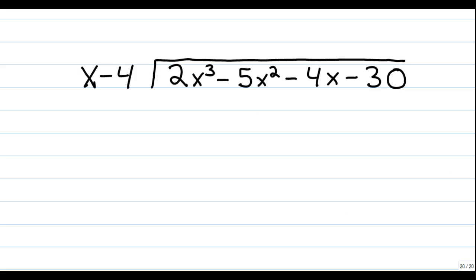Now the reason we did this was to find our first term that we'll need to distribute through to the binomial in our long division. So we found that value to be a 2x to the 2nd power. You notice that I put it over the second term. That's because, just like in long division, if you had a digit that took two numbers, you couldn't divide it into a single number digit.